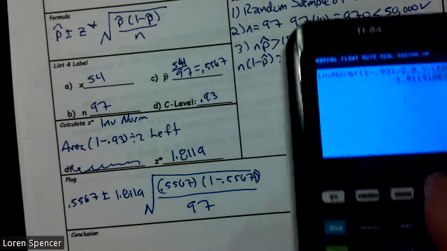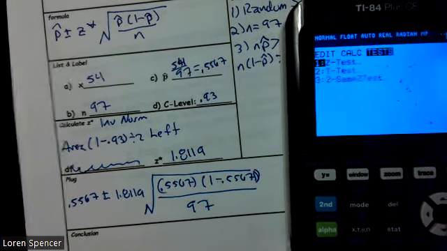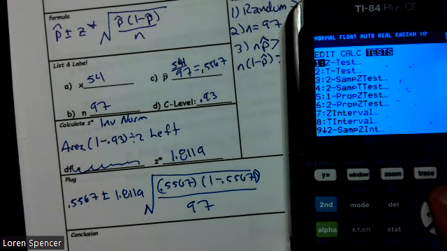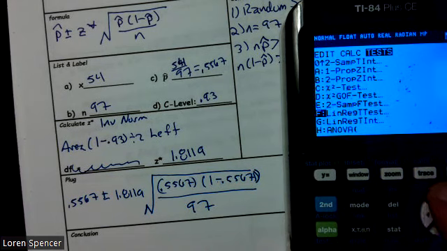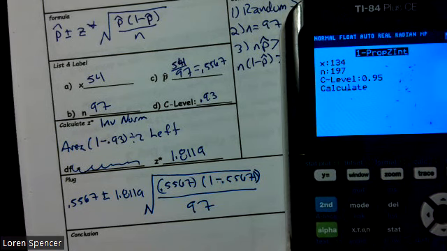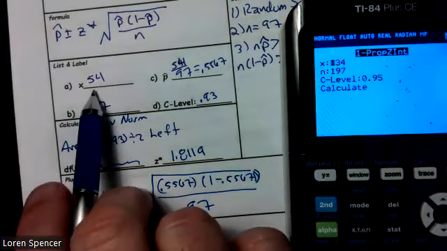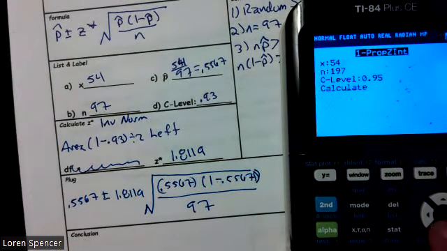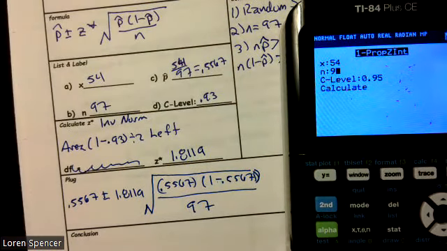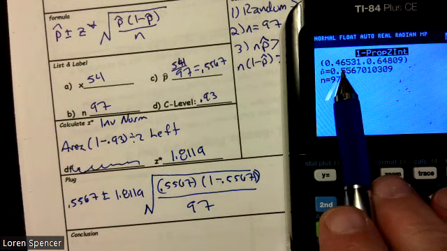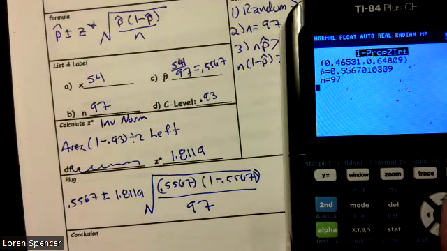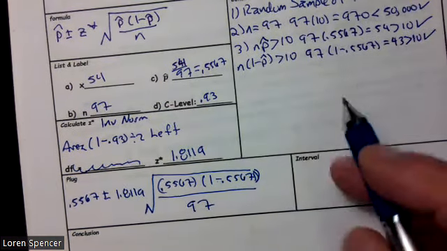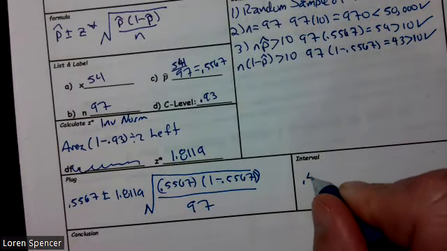So now we're ready to run our interval. We're going to go stat, test, 1-proportion z interval, which is letter A. We need to put in our values. Our x is 54. Our n was 97. We wanted a confidence level of 93. And we end up getting an interval of 0.4653 to 0.6480.